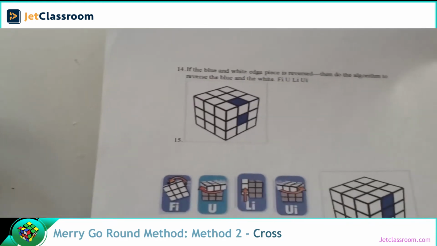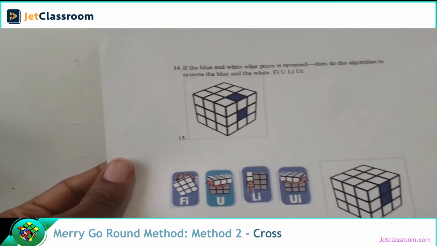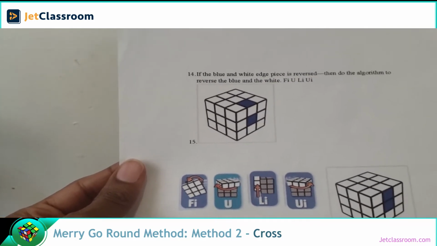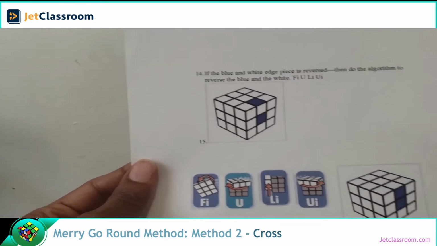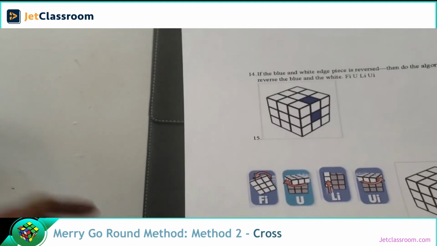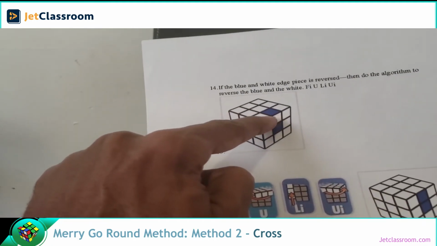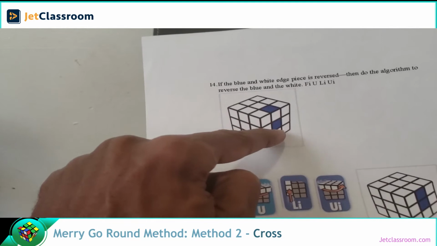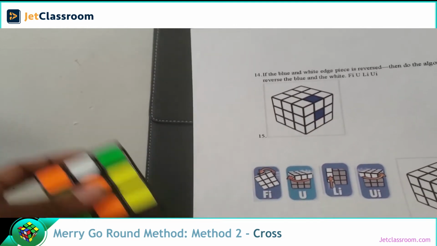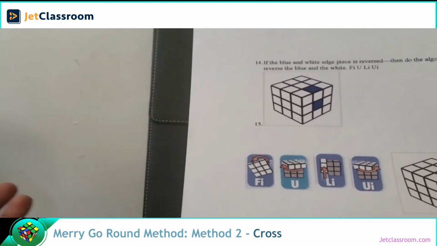And you can find these instructions in the JET Classroom written documentation. So for this case, in the booklet, I've got a blue and white that's reversed. Okay, instead of the orange and white, I have the blue and white, but the algorithm works the same way.